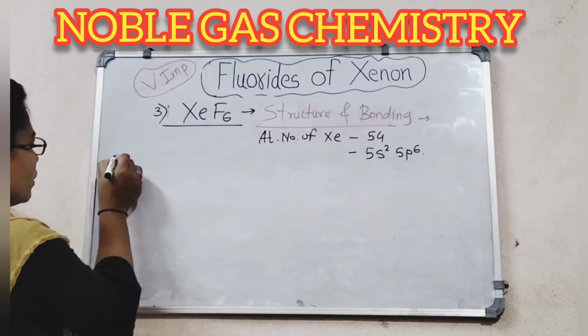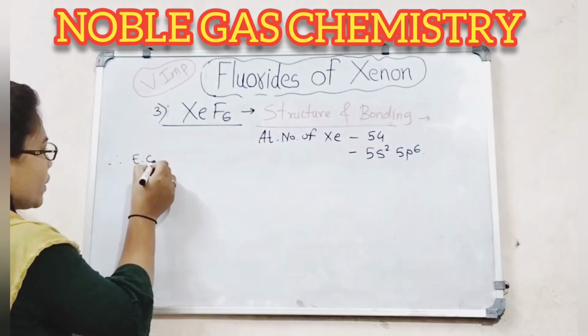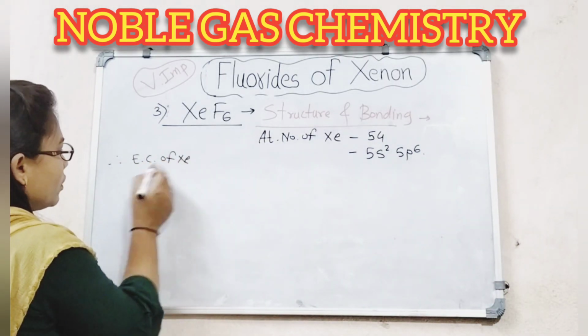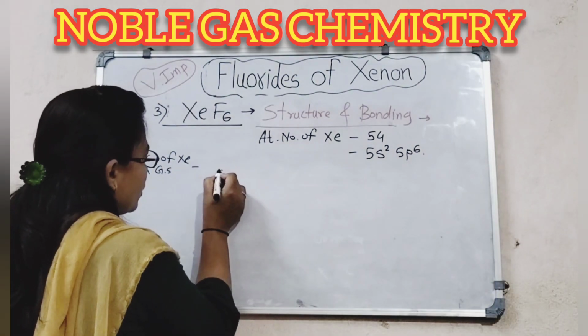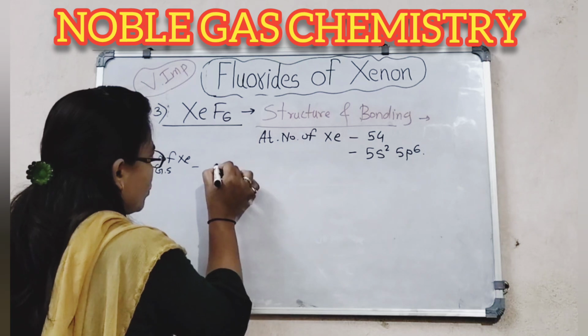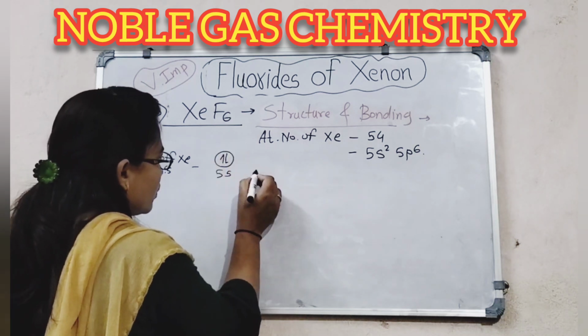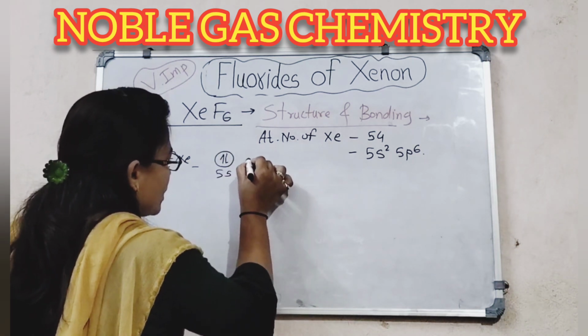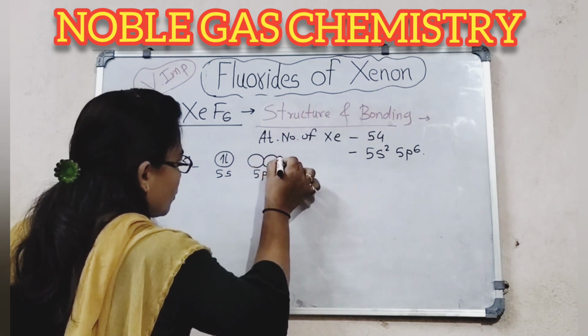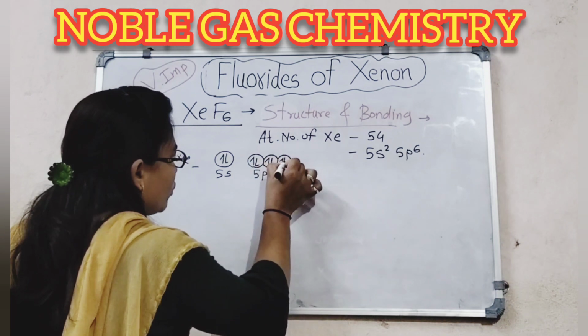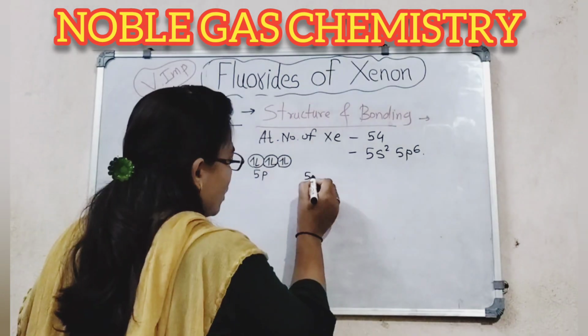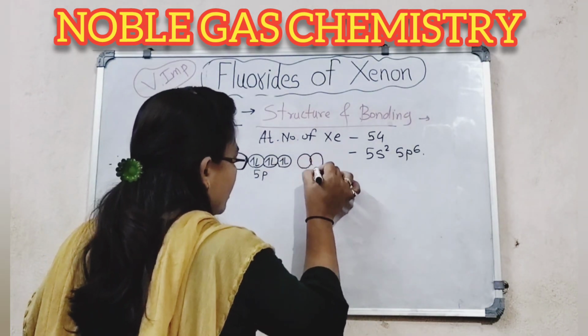So the electronic configuration of xenon in the ground state is 5s2, 5p6, and it has vacant d orbitals.